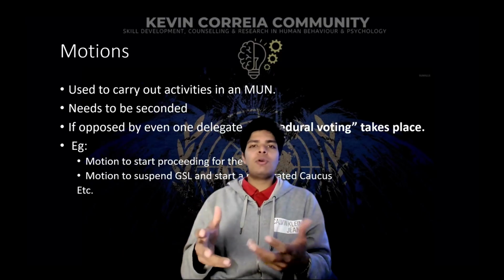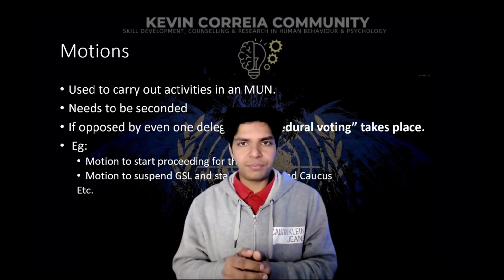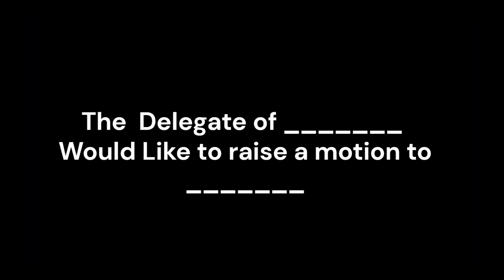So let's raise a motion together. The verbatim for how you raise a motion goes like this: the delegate of your delegation name would like to raise a motion and the action.